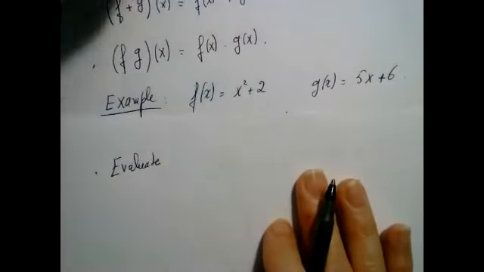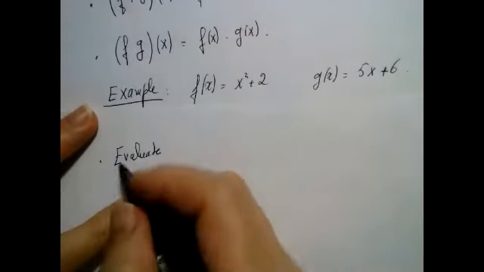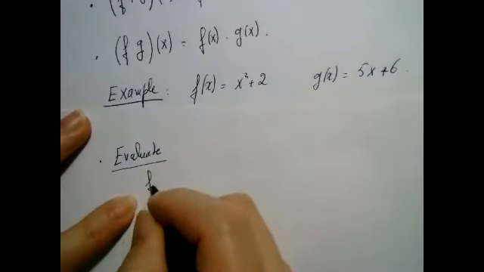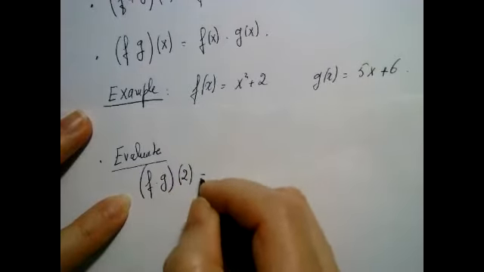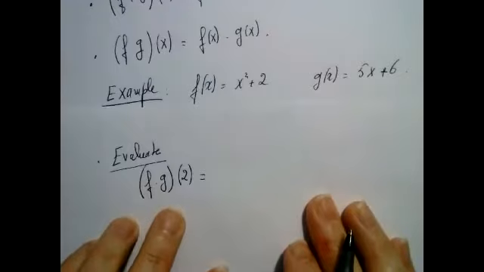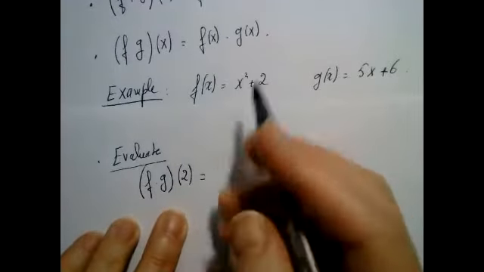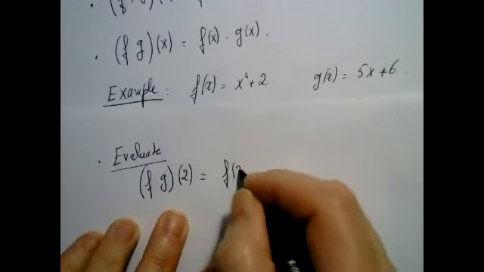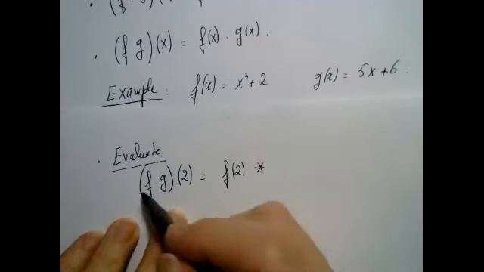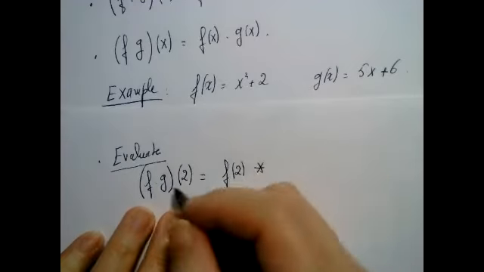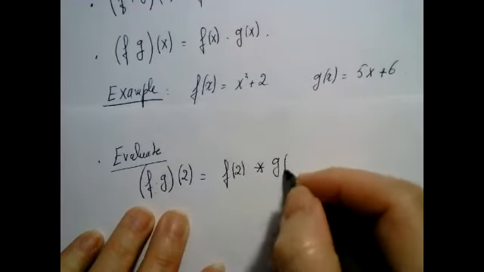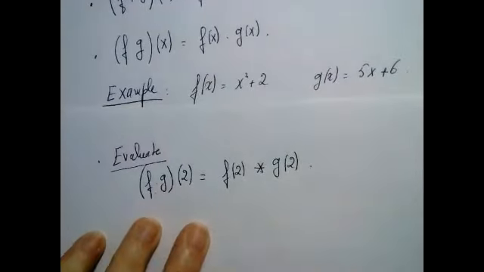I'm not changing the scenario, but I'm going to want you to evaluate fg of 2. What does this mean? By definition, this is f of 2. When they put nothing in between, it means the output is f of 2 multiplied by g of 2.